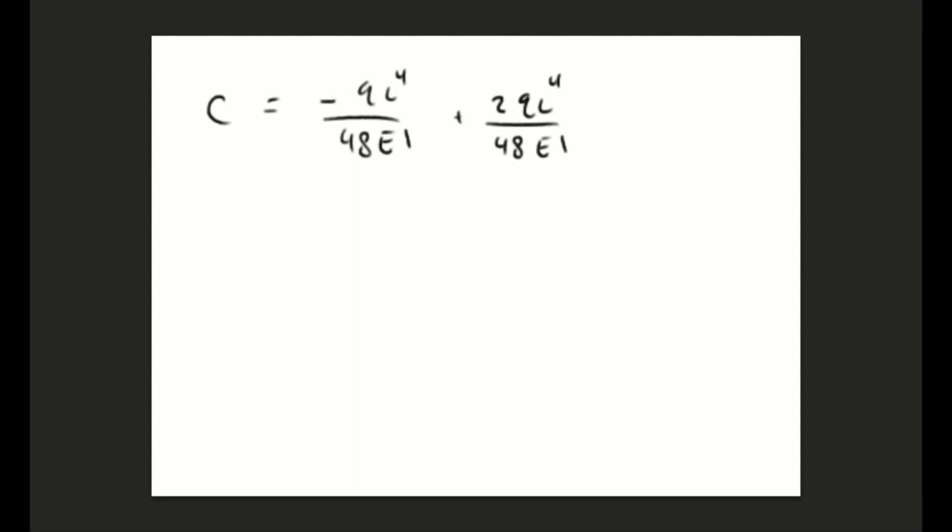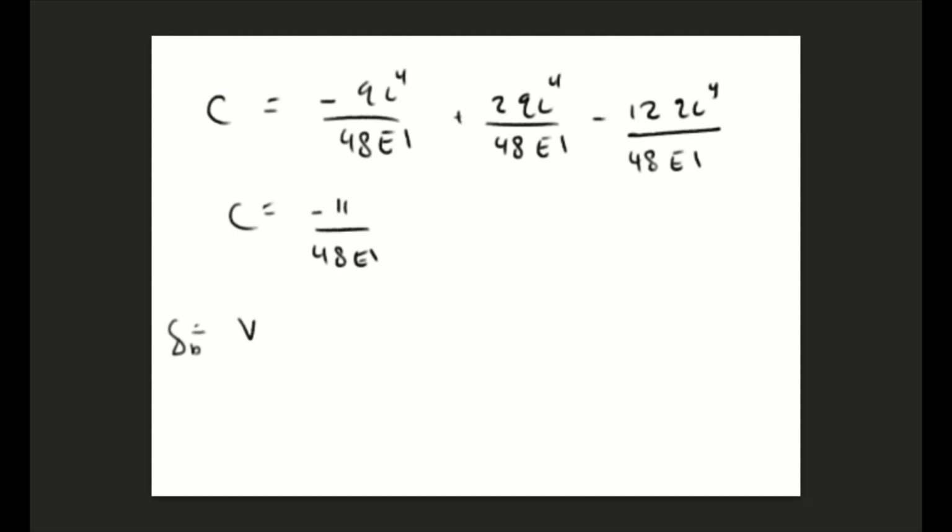Now we're going to go in and we're going to simplify all that, plug in all the values we know that C is equal to 48 EI.